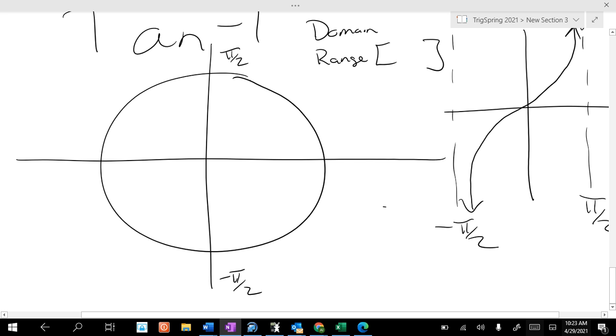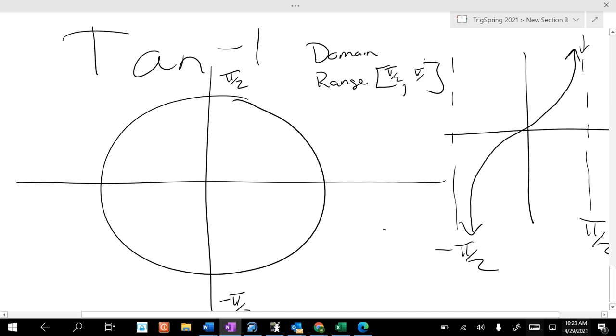What's your original domain? Negative pi over 2 to pi over 2. Okay, so what is your domain? Careful here. This one is tricky. What will your answers be? Okay, calculators.